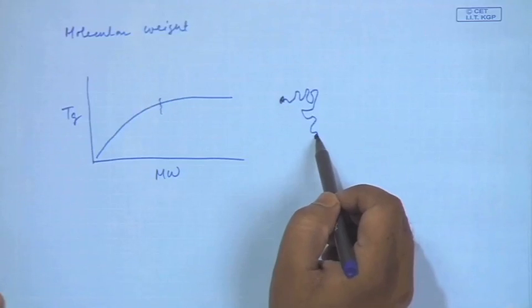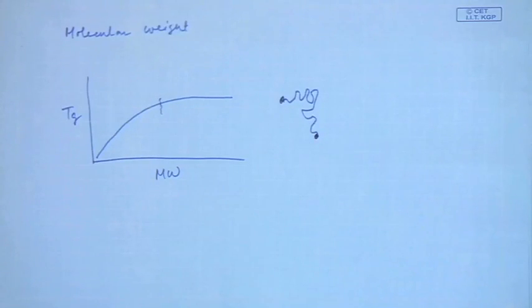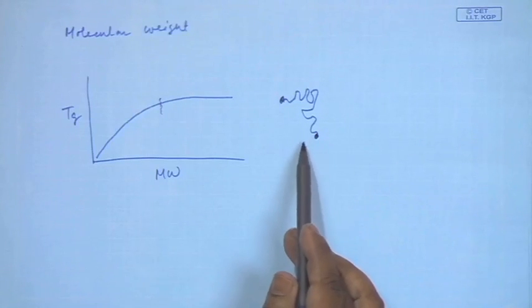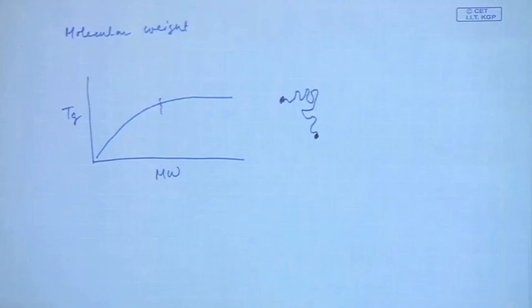So, ends are more mobile and have more free volume, and if you increase the free volume, the polymer has more space to change its conformation, and it becomes more mobile and the Tg goes down.